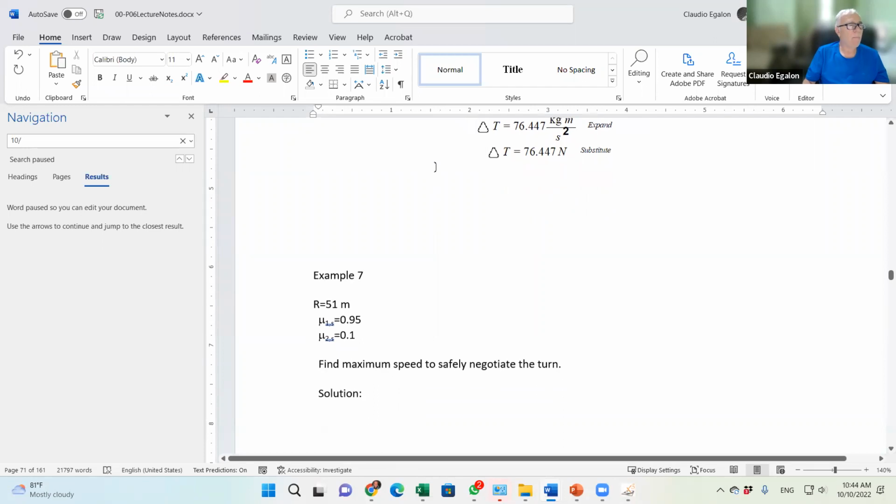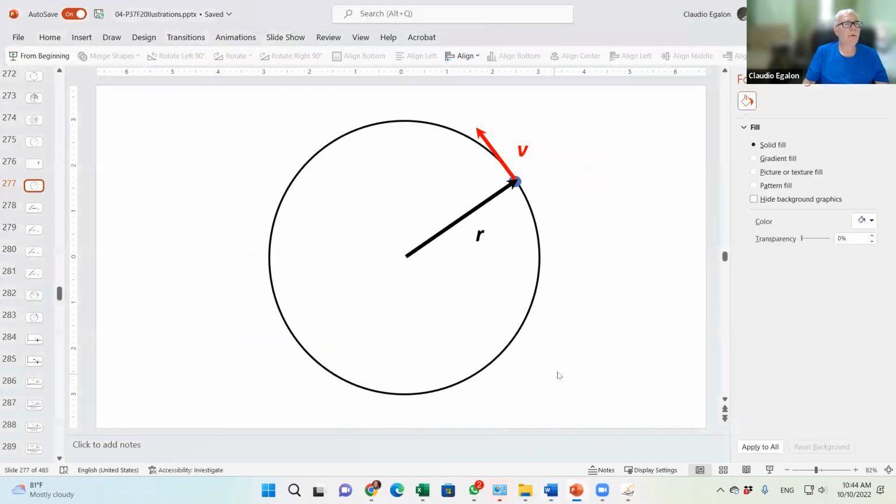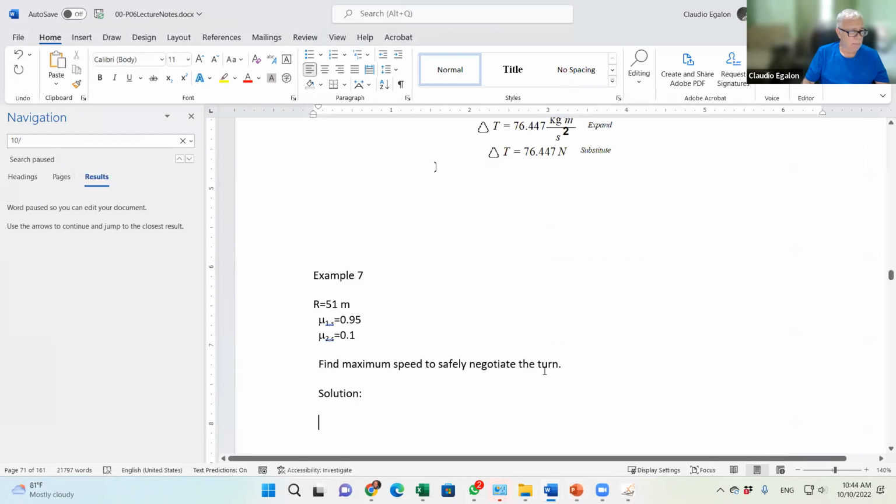Solution. Again, we have to come up with our free body diagram. We have this velocity vector here. We are assuming uniform circular motion again. Find the maximum speed under UCM, uniform circular motion.